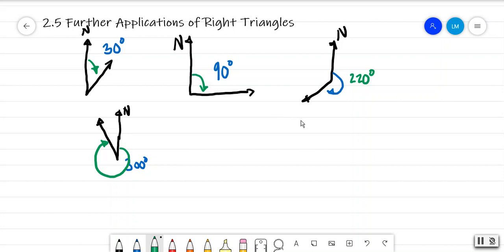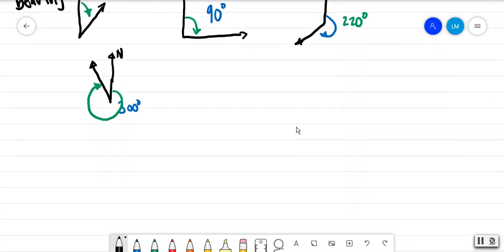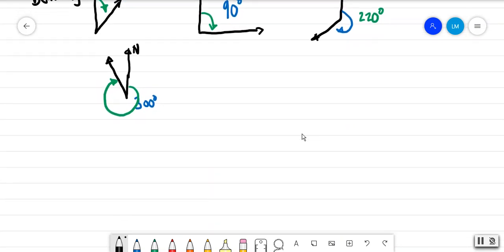Now, another way that you can look at this idea of bearings is to say the term north, like north 42 degrees. We'll just say that this is an alternate method.